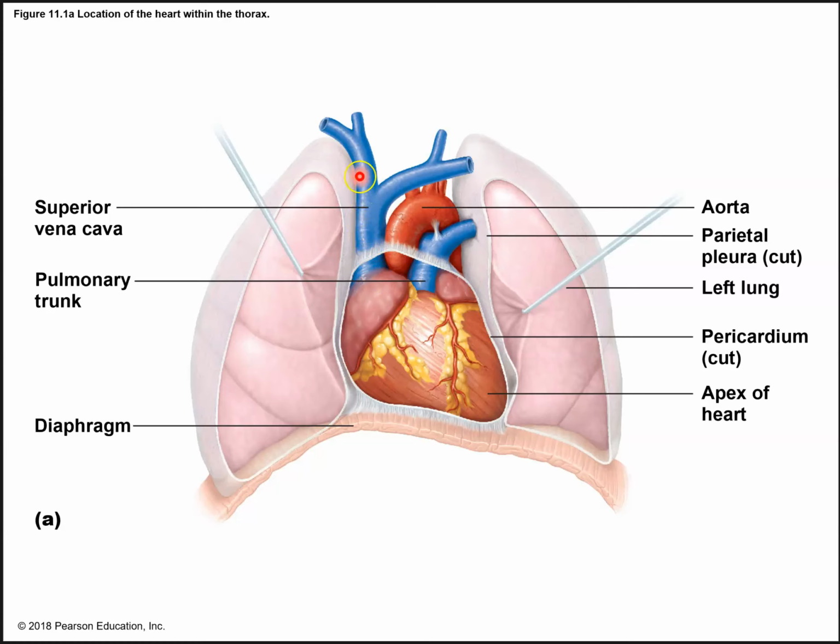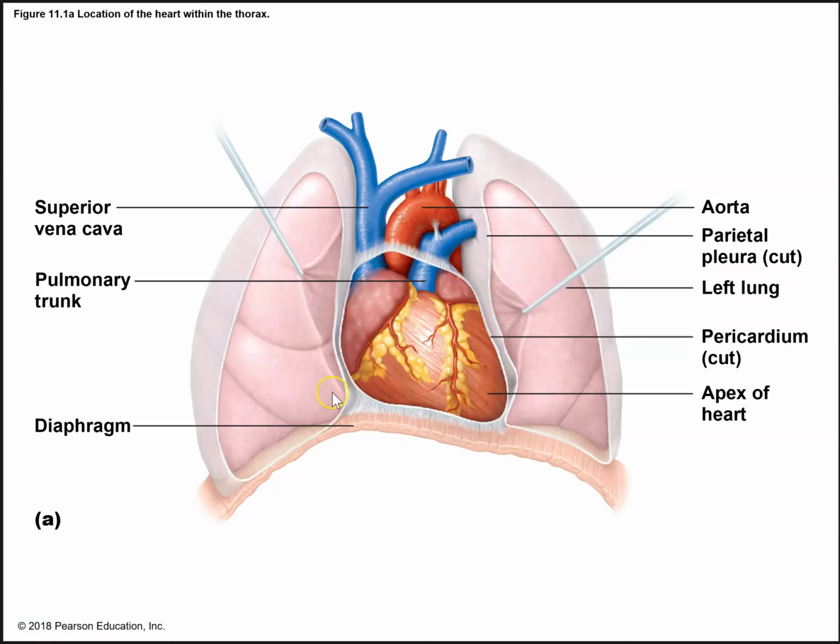This over here is the superior vena cava that drains the blood from the upper extremities to bring it to the heart, and the inferior vena cava that you don't see over here drains the lower extremities and carries deoxygenated blood to the heart. Now, in general, in anatomy, if you see a red blood vessel, it contains oxygenated blood, and if you see a blue vessel, it contains deoxygenated blood.